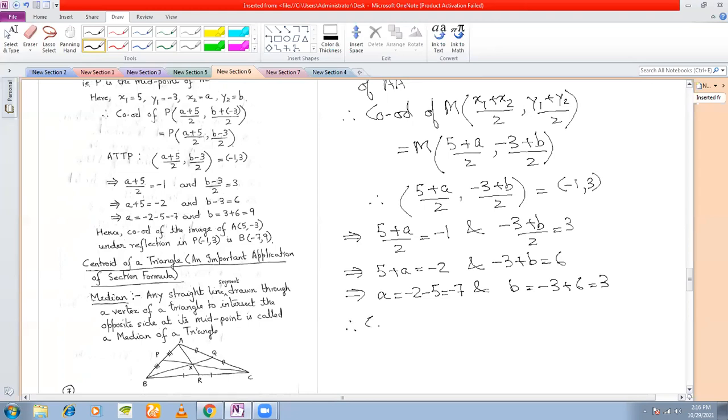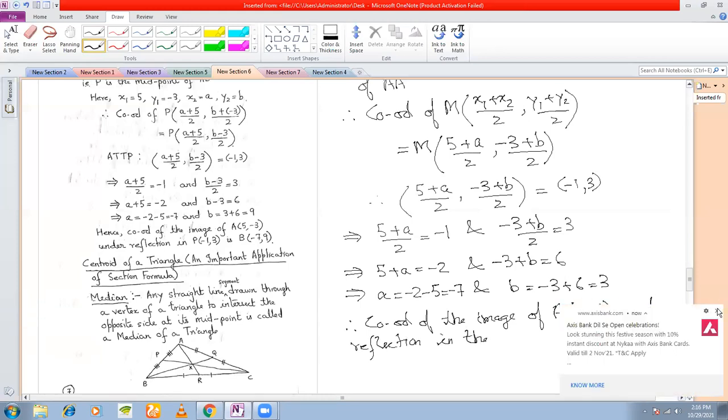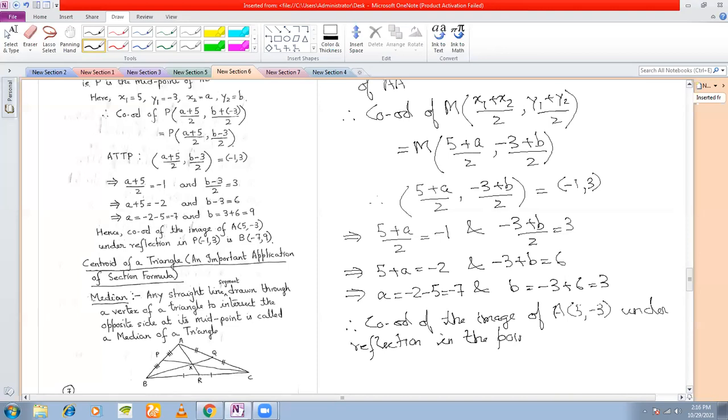So therefore, the coordinates of the image of A, (5, minus 3) under reflection in the point mirror M (minus 1, 3), is A dashed.